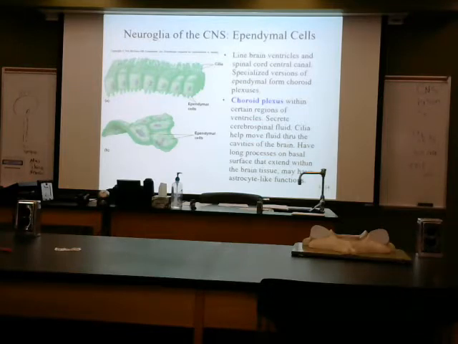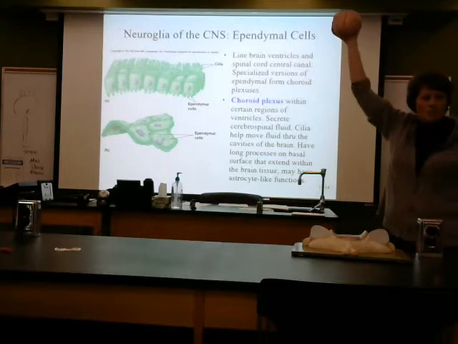When we look at, now we're still in the central nervous system, which means my brain and my spinal cord. All right, so for the most part, when you think of brain, this is what you think about, right? This part right here, the big noodles.